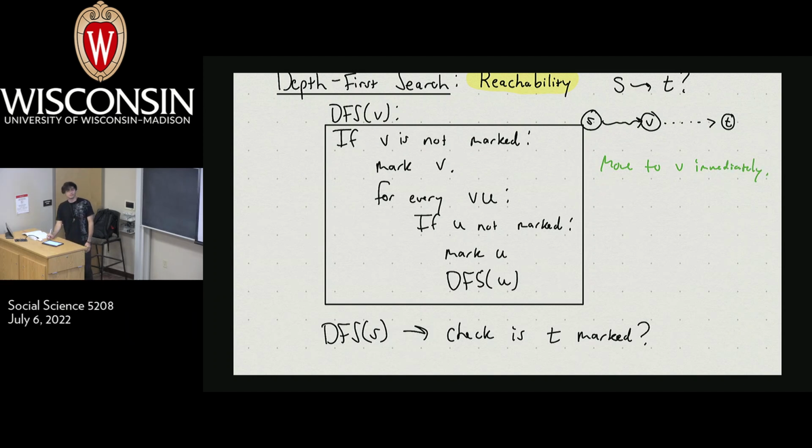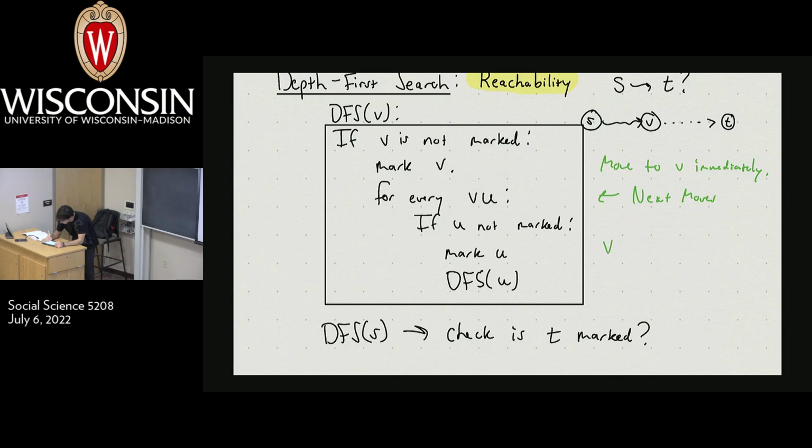So we're at V, and now we have to figure out a next move. So these are all our possible next moves. And then for each possible next move, the DFS is really asking the recursion fairy, can we get from U to T?